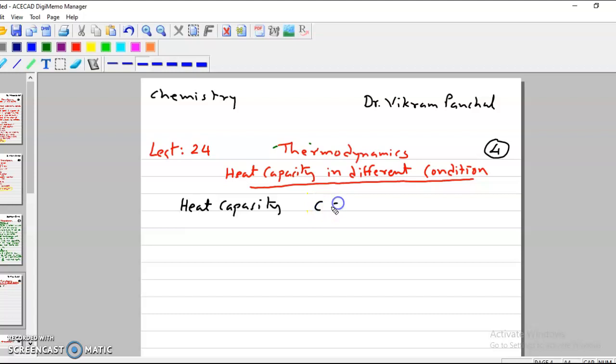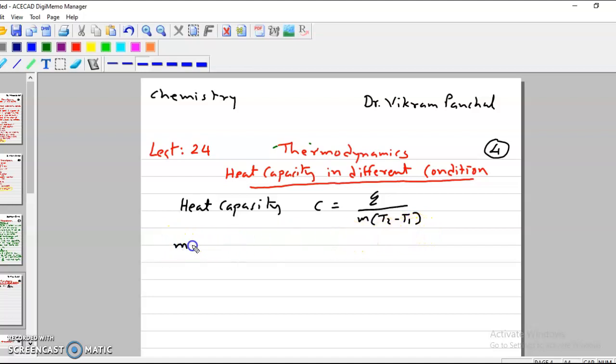Heat capacity C is equal to the heat absorbed by a certain amount of substance to raise the temperature from T1 to T2. So the formula is C is equal to Q upon M into T2 minus T1.